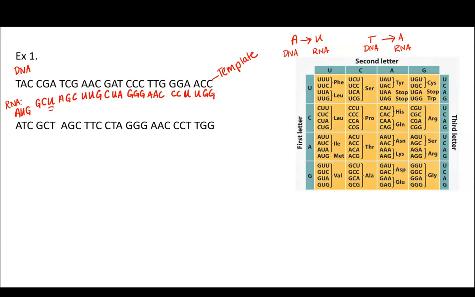So everywhere I have a C in my DNA, I insert a G. If I have an A, I insert a U. If I have a G, I insert a C. And if I have a T, I insert an A.